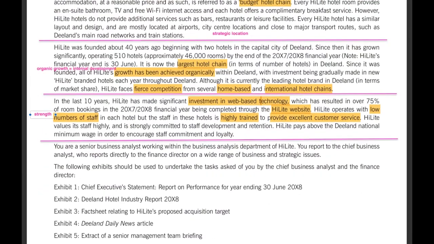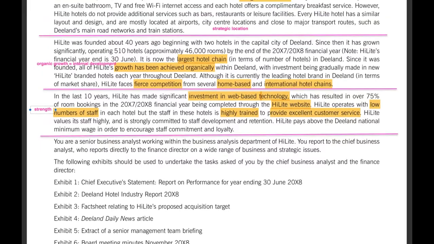This is your background picture on Highlight. Why? Because after you have read this, at least you have some rough idea of the background of this particular hotel. And to understand further about this particular hotel, you need to read further.